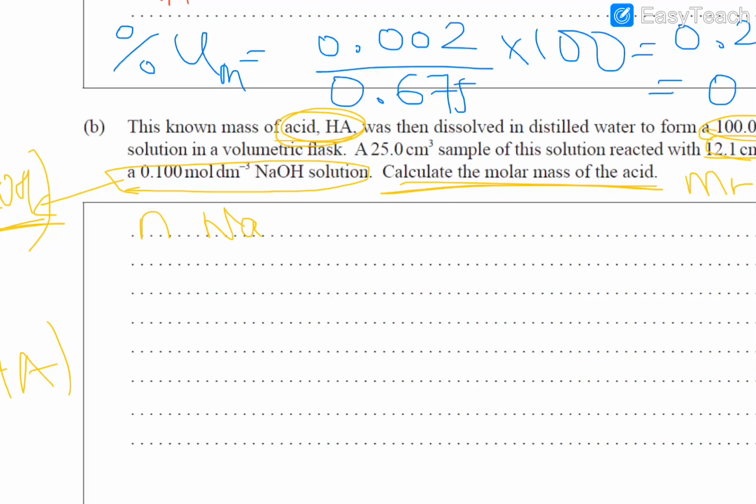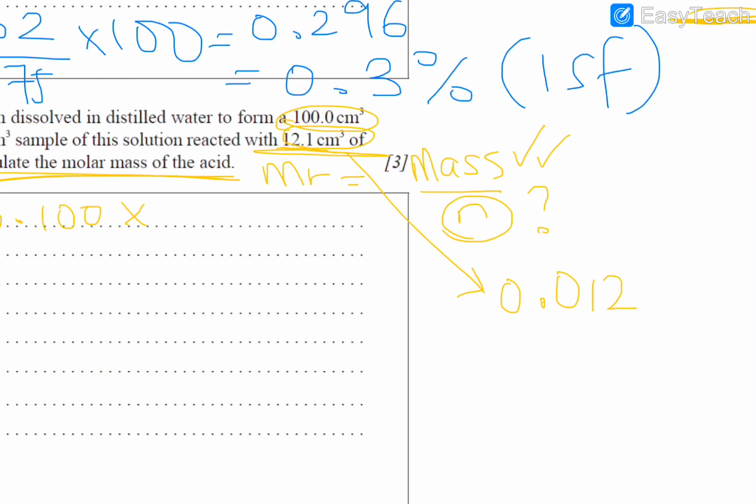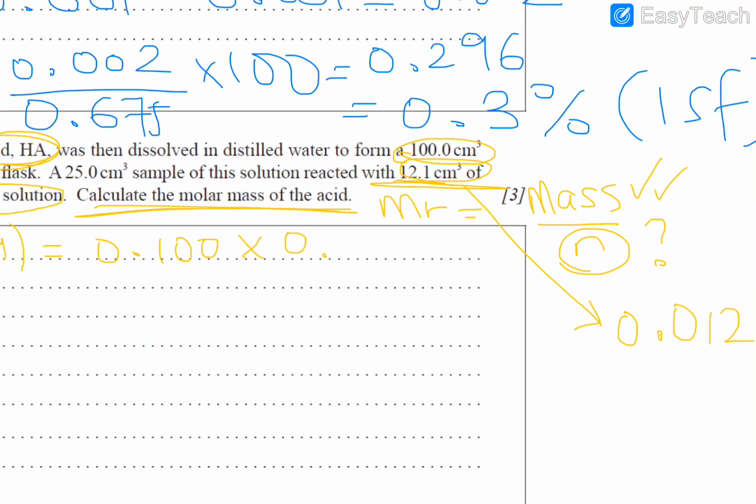So number of moles of NaOH, that's going to be concentration times volume. So I have the concentration, I have the volume here. Volume, this is in centimeter cube. I convert that to dm cube. So 1.21 times 10 to the power of minus 3.